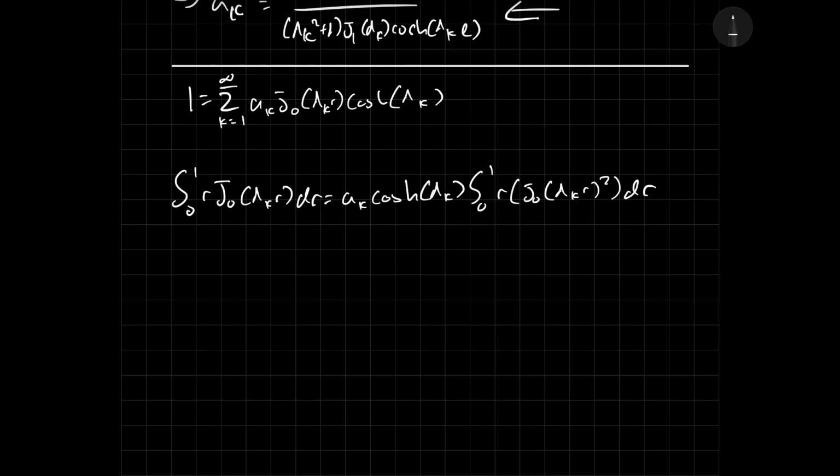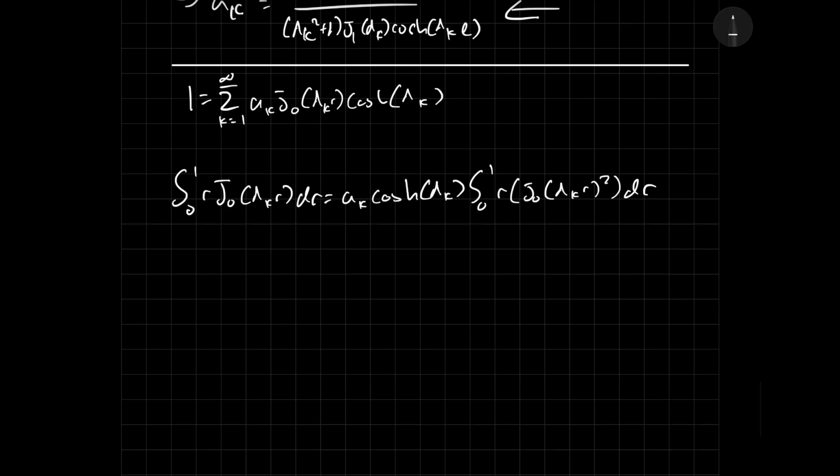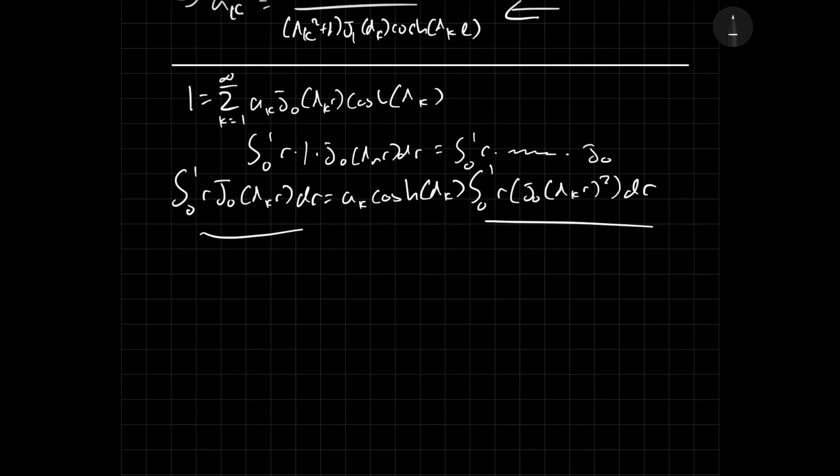And since we know that this is going to equal 1, then the orthogonality means that this, with the Bessel function, times 1 times our basis is going to be equal to this times our whole summation times the basis. So that's how we actually arrive at this solution.